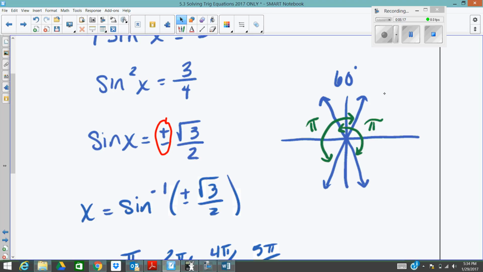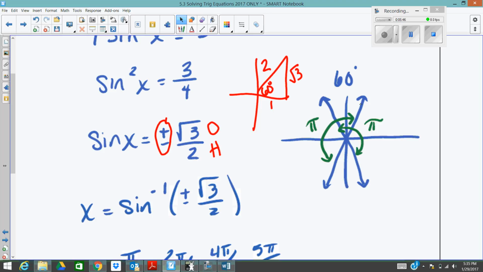So if we take a look at our triangle, which I'm going to draw separately just because of space. In quadrant 1, remember sine is opposite over hypotenuse. So we have opposite is square root of 3, hypotenuse is 2. So this matches our 30, 60, 90 right triangle with our reference angle being 60 degrees.